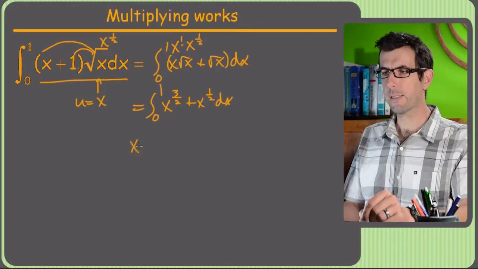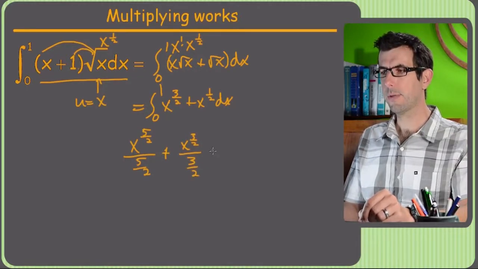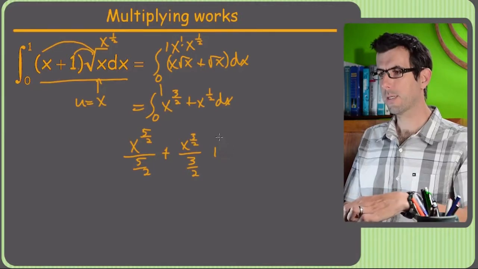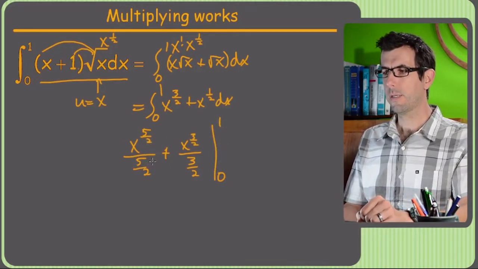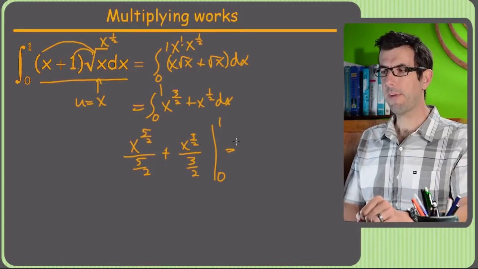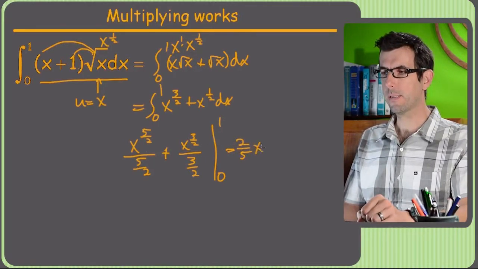This is just integrating a polynomial. So that is going to be x to the 5/2 over 5/2 plus x to the 3/2 over 3/2. And we don't need the plus c because we're evaluating from 0 to 1. So dividing by 5/2 is the same as multiplying by 2/5, and dividing by 3/2 is the same thing as multiplying by 2/3.